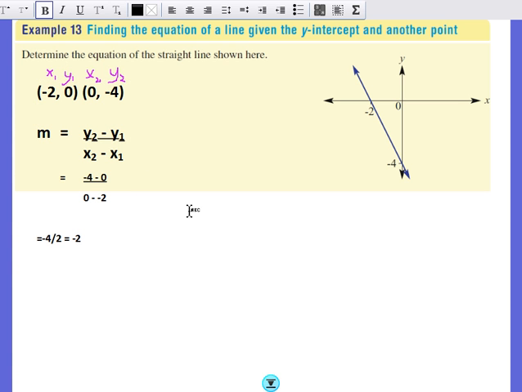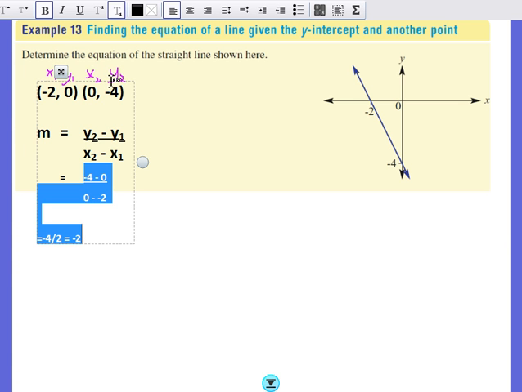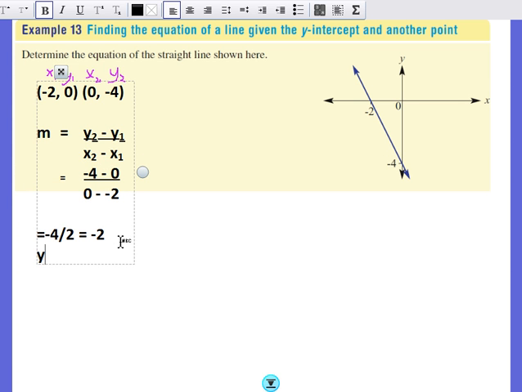And as we said before, the y-intercept is easily visible from the graph here. So my y-intercept is equal to -4 here.